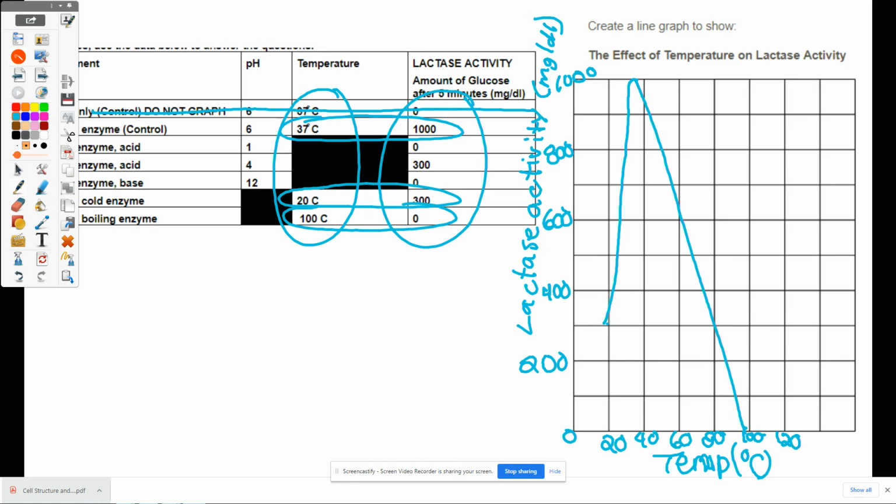And when they change shape, we call it denatured. And when it's denatured, it no longer works, because the substrate can no longer fit into the active site. So here we see denaturing happen. And as it denatures, we see less and less activity. On this side, we see the decrease because the molecules are slowing down.